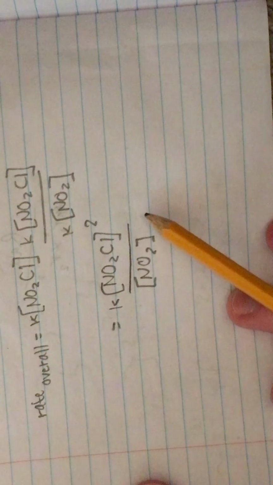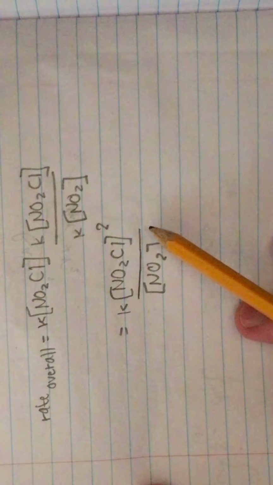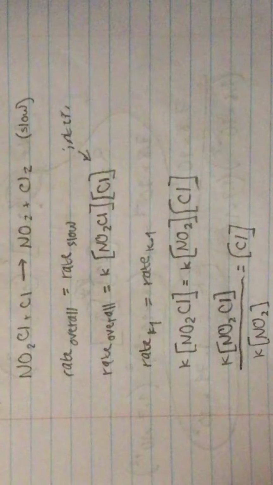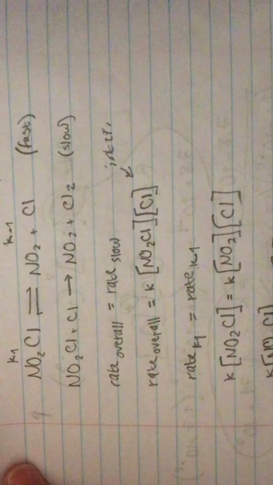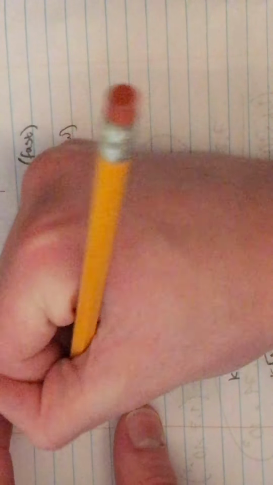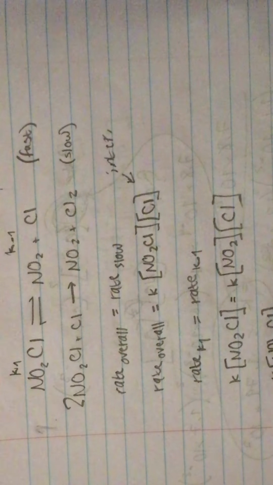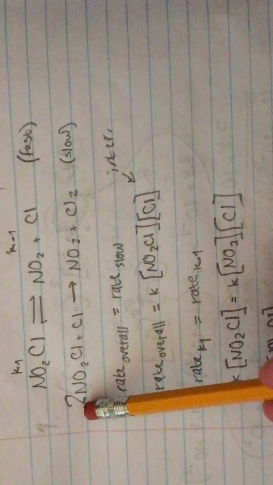One more thing to point out real quick is, unlike when we did the rates last time, when we looked at an equation, the coefficients didn't matter, right? So like if there was a 2 here and we were trying to find the rate, we wouldn't worry about this 2.